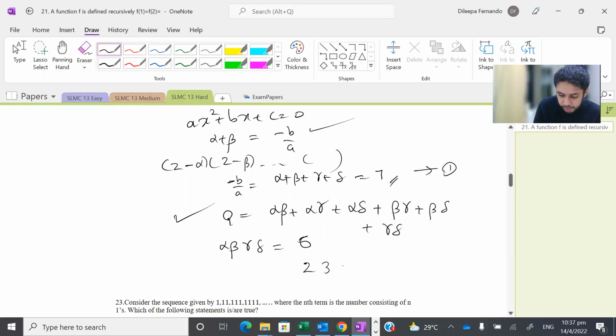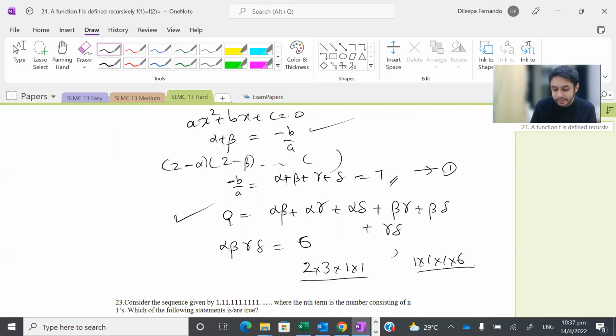It can be 2, 3, 1, 1, or it can be 1, 1, 1, 6. So these are the 2 ways that you can write 6 as a product of its factors. When you consider the factors, 2 and 3 are factors and 6 is a factor, and the other positions can be filled by using 1.